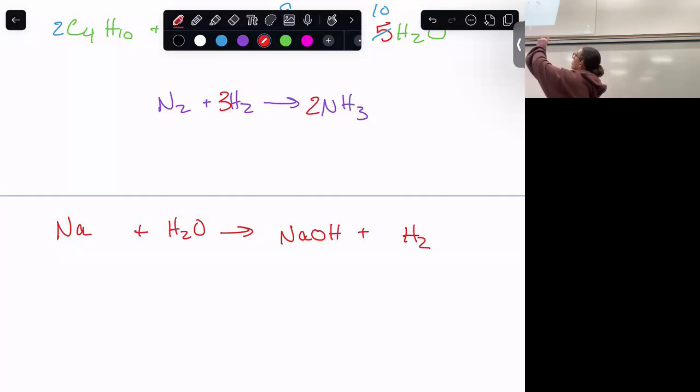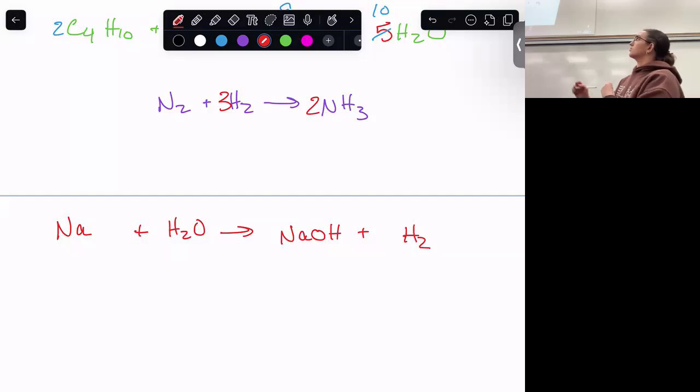My hydrogens appear in both compounds on the right-hand side in my products. If I start messing around with the water, that's going to screw up my sodiums here. So start with the thing that only appears in one compound. Start with the sodium first. That's already balanced, so that's good to go.